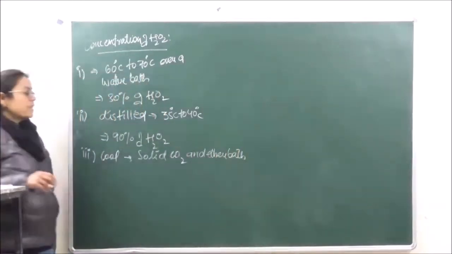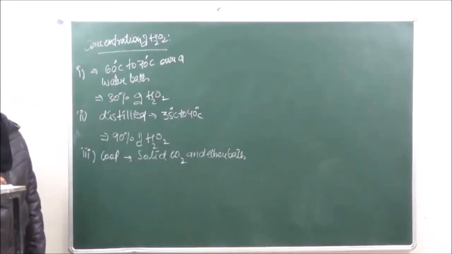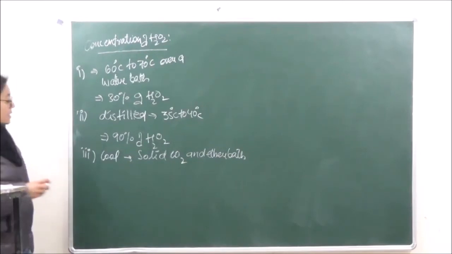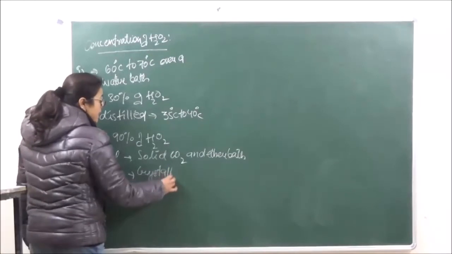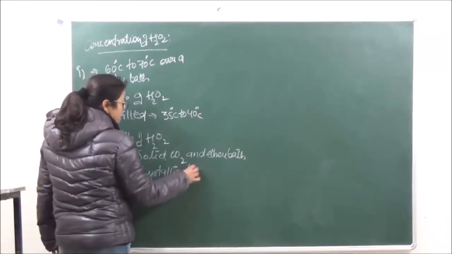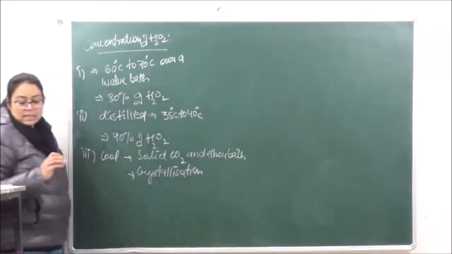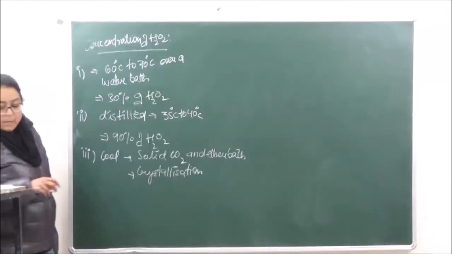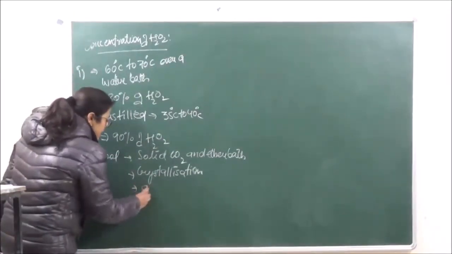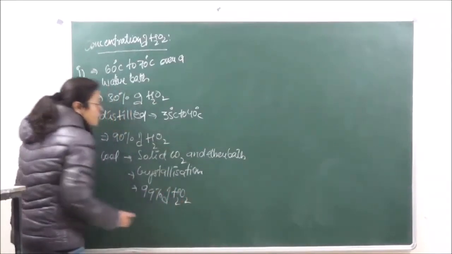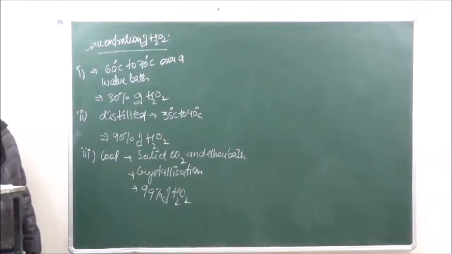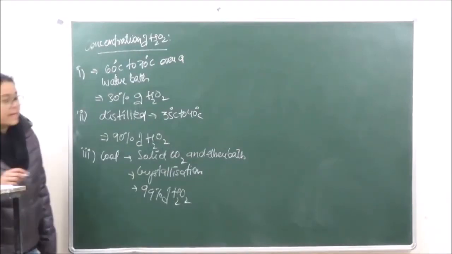So we are going to take solid carbon dioxide and ether bath and crystallize it. Okay? So once the crystallization takes place and the crystals start settling down, we get approximately 99% of H2O2. So this is how concentration of H2O2 can be done.